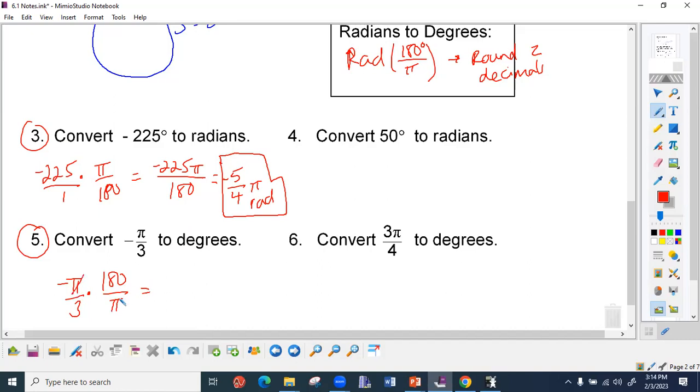The pi's cancel out. I multiply straight across, and I'm left with negative 180 divided by 3. Well, what is negative 180 divided by 3? Negative 60, and it's going to be degrees because I went from radians to degrees. You either can put the degree symbol or write DEG.